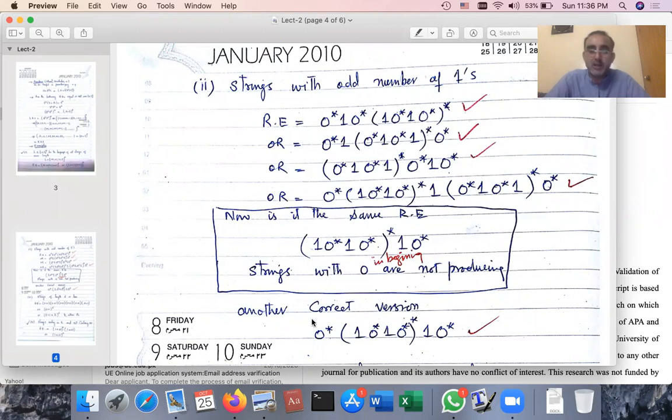And I said that I will discuss this one here in detail. So let's have a look. First, I am writing this regular expression here from the slides, and then I will produce some strings from this regular expression using the hit and trial method, and then I can claim finally that this is okay.